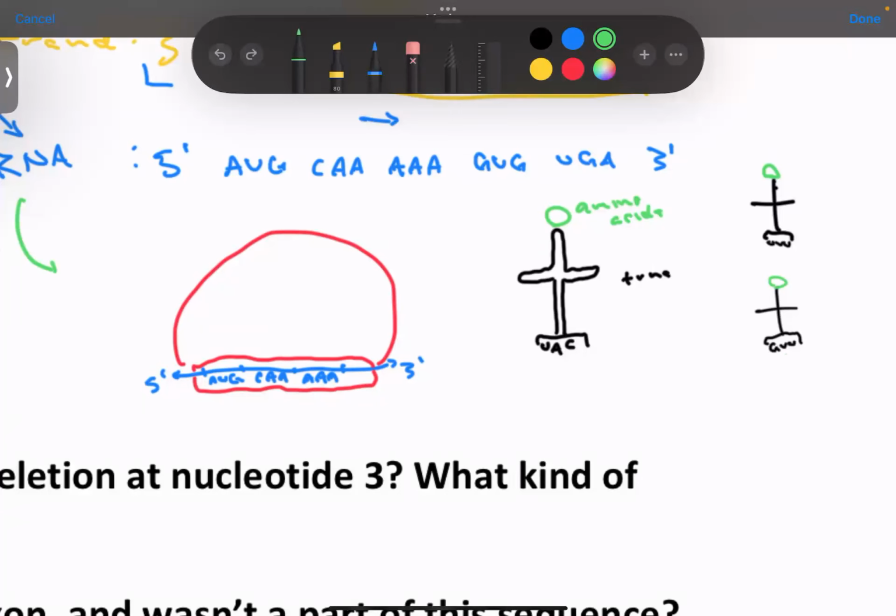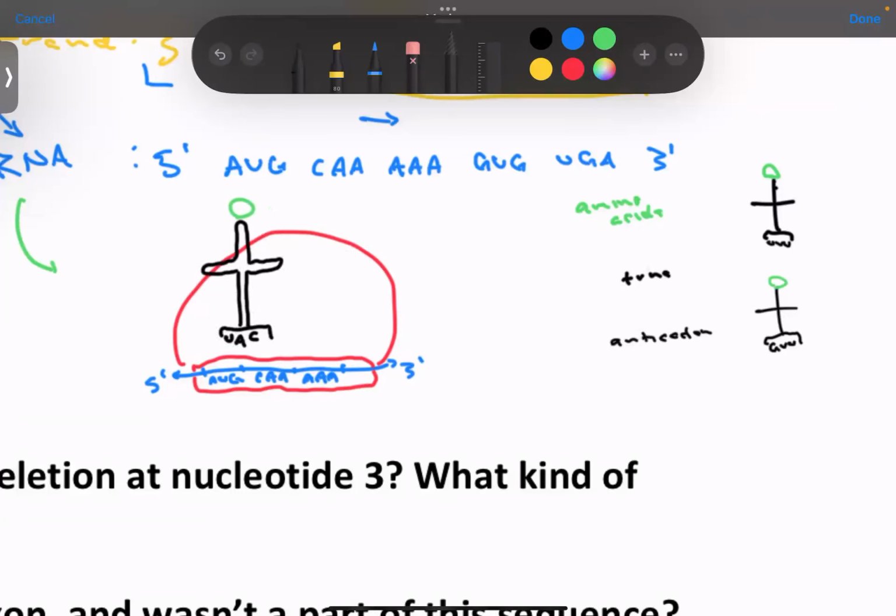And what's going to happen is that these tRNAs use those nucleotides, which we call anticodons, and they're going to migrate to the ribosome and bind to the mRNA sequence.